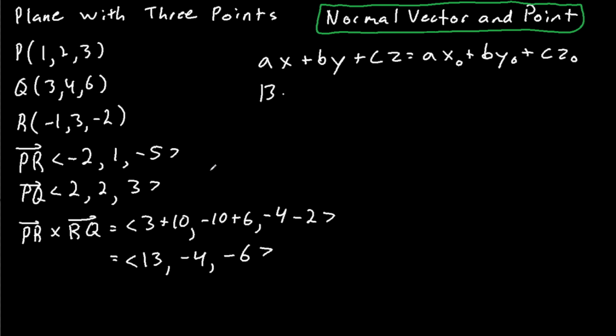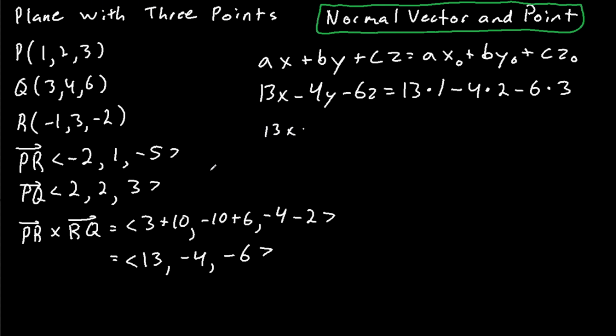Let's plug all these in. 13x, and it's not plus, it's -4y minus 6z is equal to 13 times, let's pick which one's easiest to multiply, point B, which is literally 1, 2, 3. So 13 times 1 minus 4 times 2 minus 6 times 3.